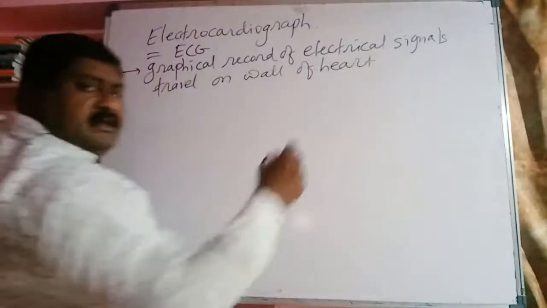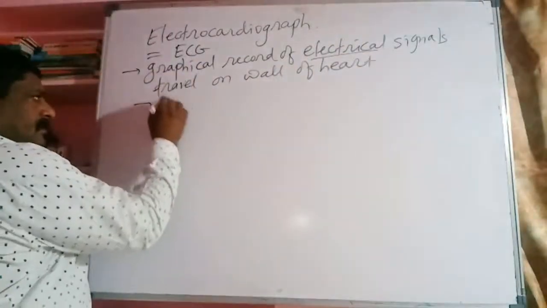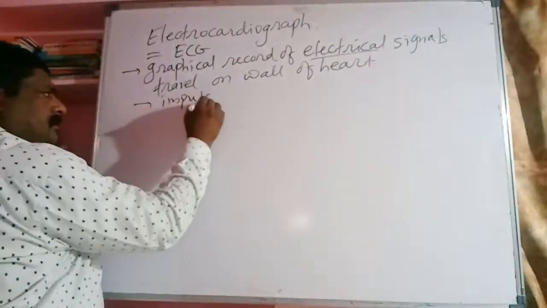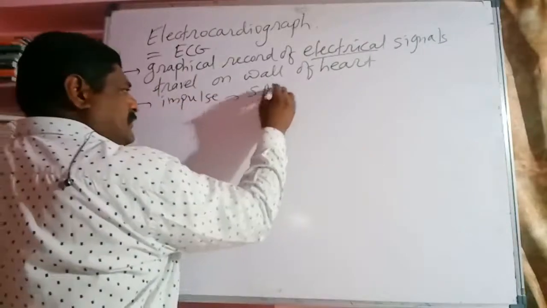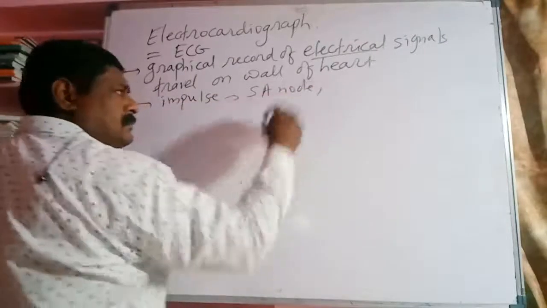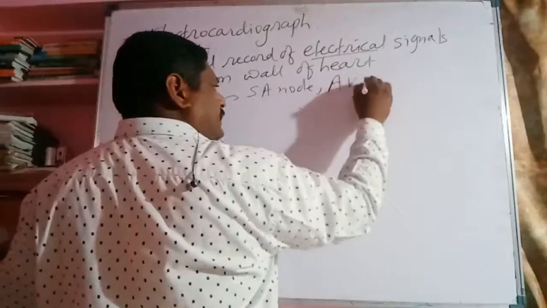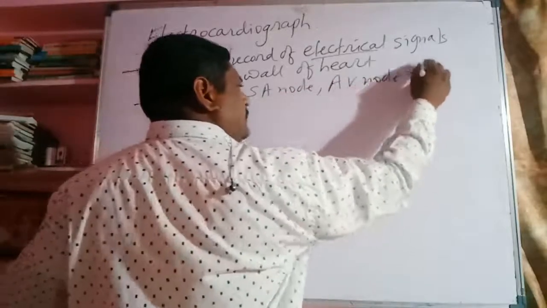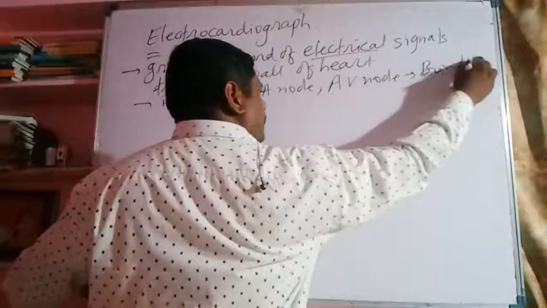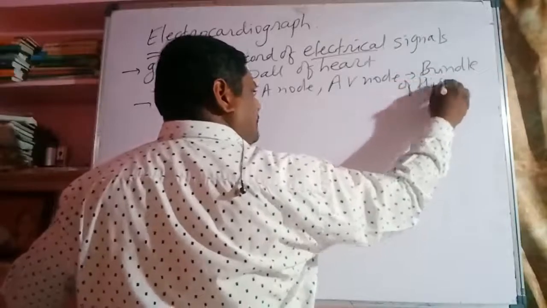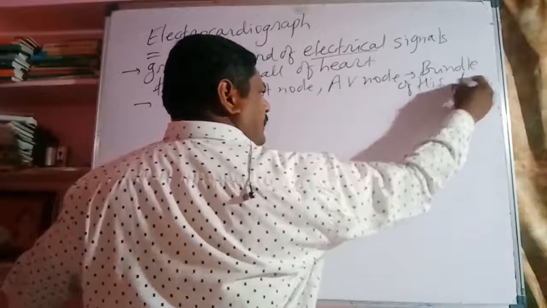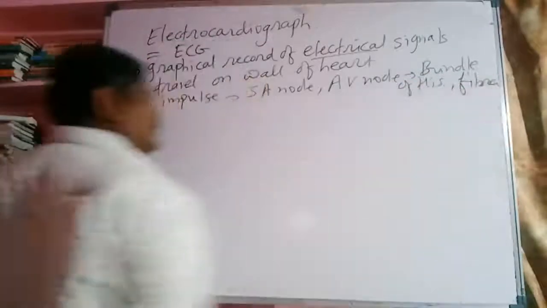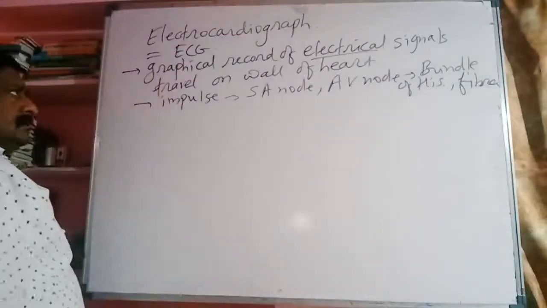We know the electrical impulses that are generated from the SA node, sino-auricular node, are conducted with the help of the atrioventricular node, bundle of His, and the Purkinje fibers on the wall of the heart.